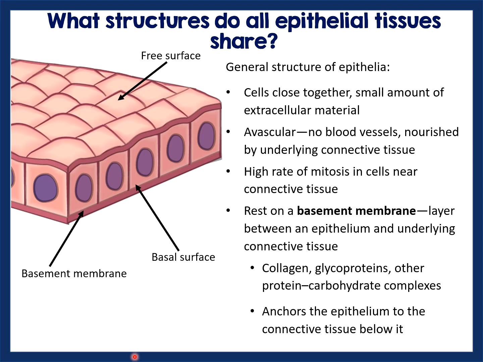And so between the connective tissue and the epithelial tissue, there is what's called the basement membrane. And that basement membrane is like a glue that's made out of collagen and glycoproteins and other protein carbohydrate complexes that will anchor, or glue, that epithelial tissue to the connective tissue that's down below it.